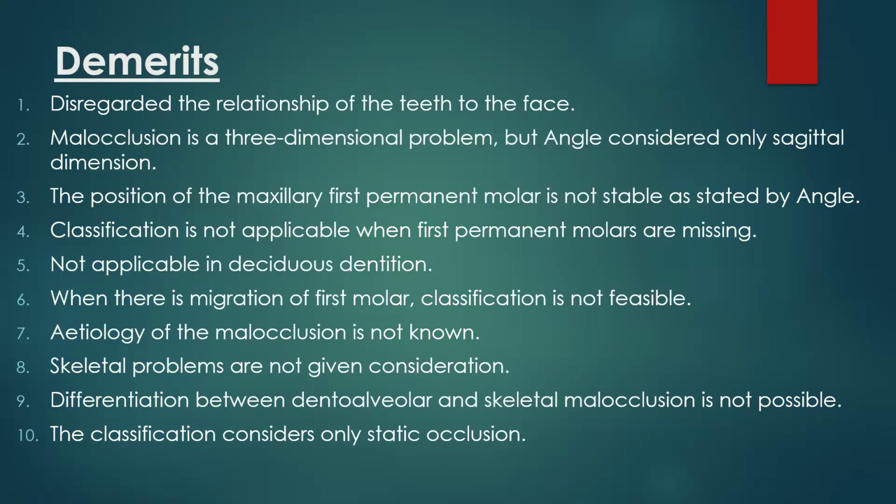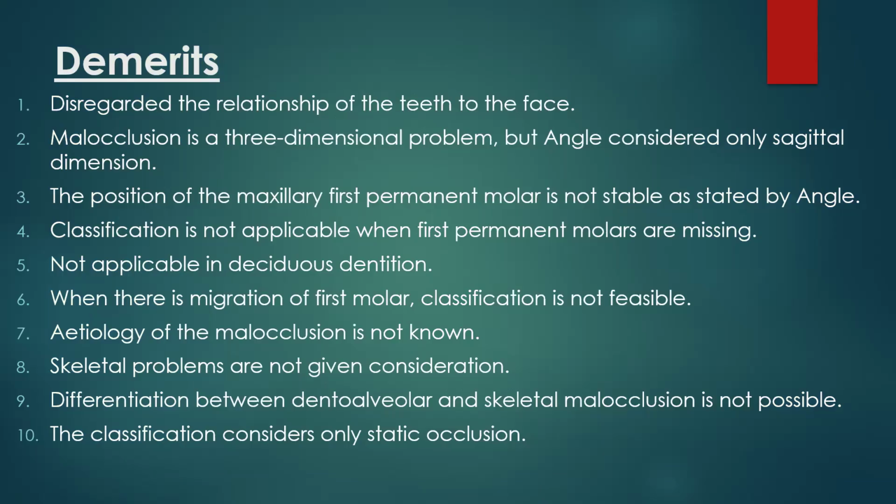What are the major limitations? Angle's classification is mainly a two-dimensional classification of malocclusion. He has not considered the three-dimensional aspect, whereas malocclusion is actually a three-dimensional problem, and he classified it based on only certain 2D relations.